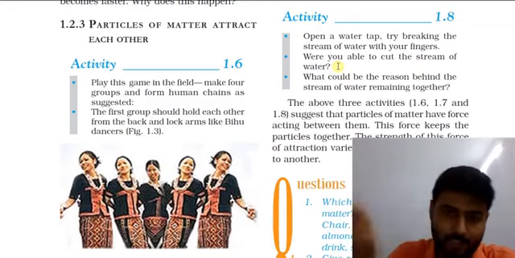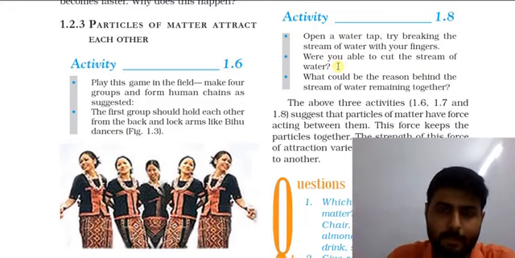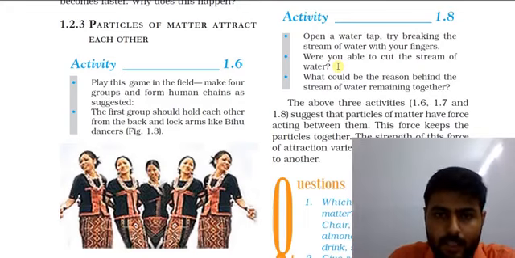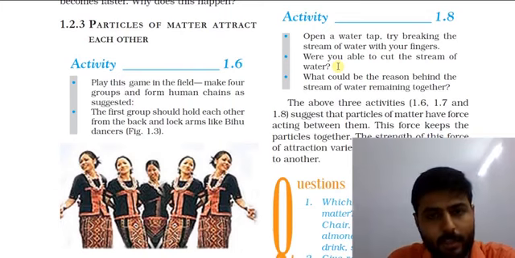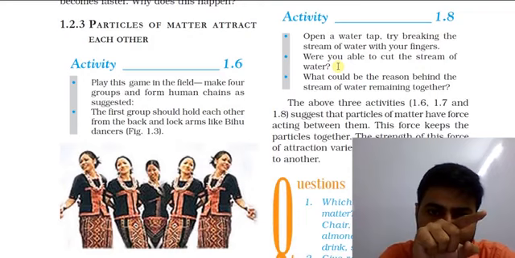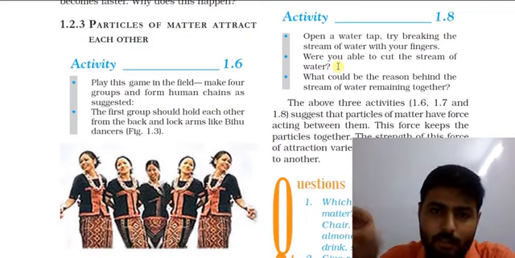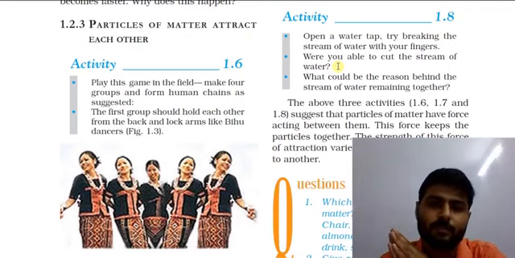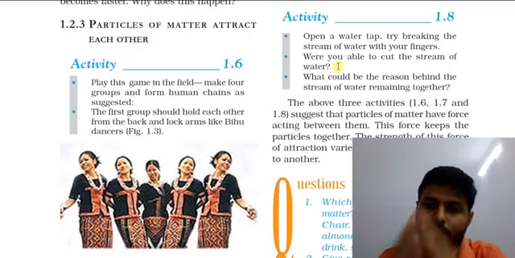Sometimes we play with water like this, tap water. What will happen? Can we break that stream of water? No, we cannot break it. As and when our finger moves from that place, the water again attaches to each other.